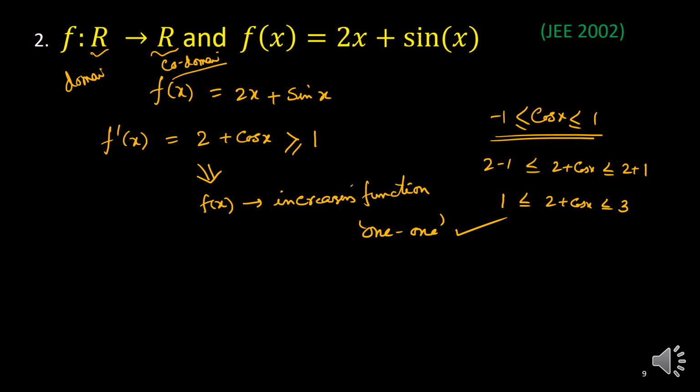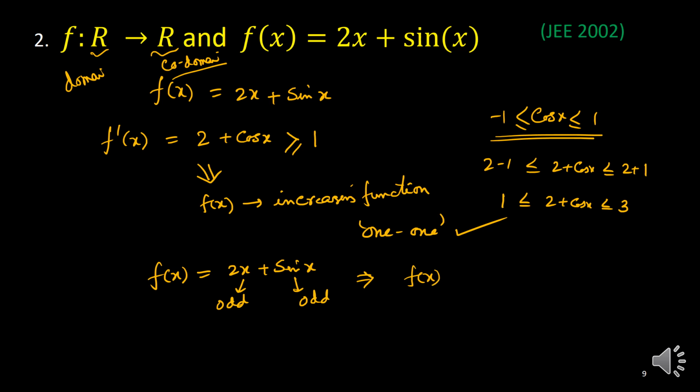Now we need to understand this function. You can see that f of x, 2x plus sine x, is an odd function. Sine x is again an odd function, and the combination of these two odd functions is again an odd function.